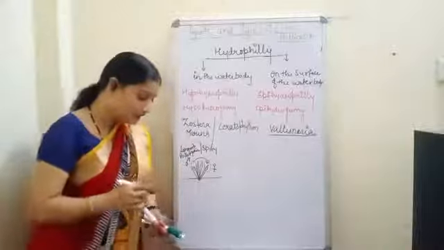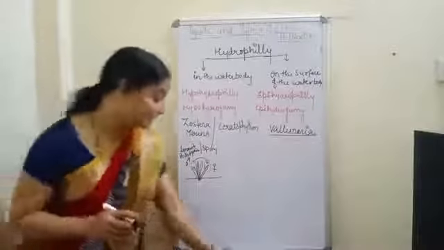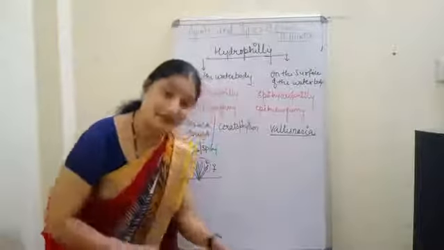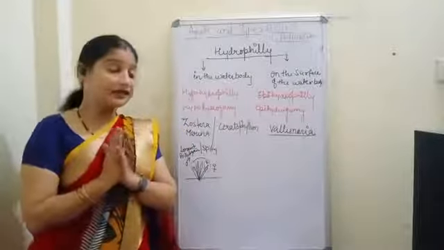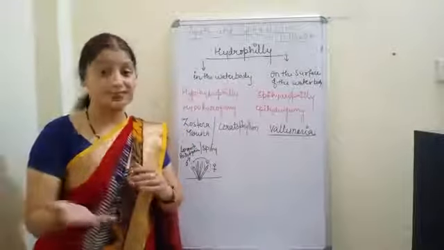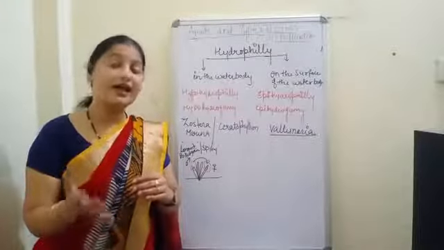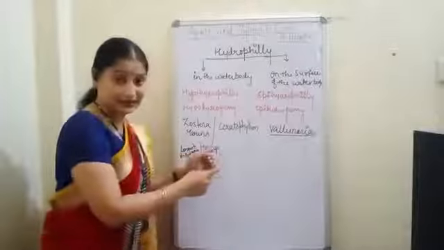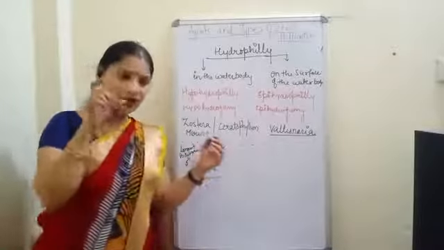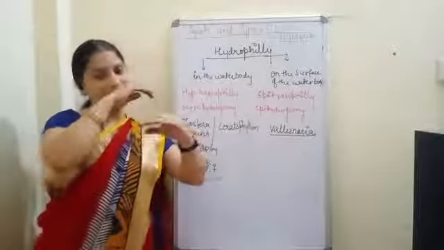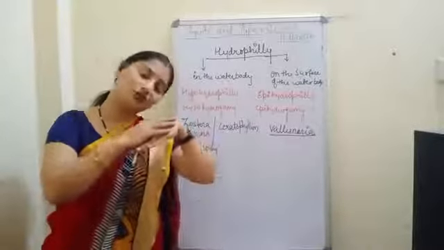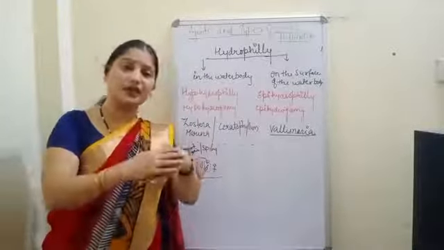Understood? Now see, what happens? The male and female flower are present in the same plant. The anther will detach the pollen grains, and the pollen grains are long and spiny. Since they have the same gravity as that of the water, they will remain inside the water only.